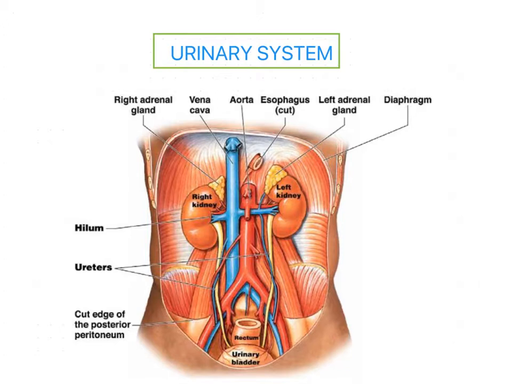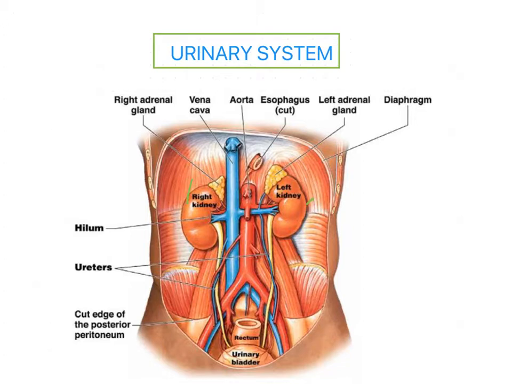Now we will move on to the structures present in the urinary system. First of all, we should know that the urinary system is one of the basic life processes systems present in our body, and it includes a pair of kidneys. One is the right kidney and the other the left kidney, which are situated on the posterior abdominal wall on each side of the vertebral column.